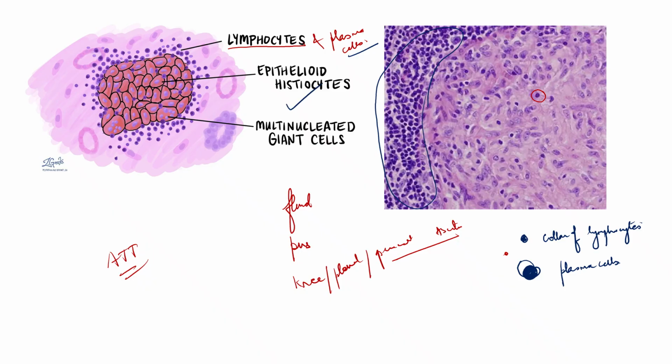And then epithelioid histiocytes. These are modified macrophages, very important and pathognomonic of granuloma. So if you see epithelioid cells, start thinking tuberculosis. If you see necrosis with epithelioid cells, you are almost 100% sure that yes, I am dealing with tuberculosis here, no matter what the site is.